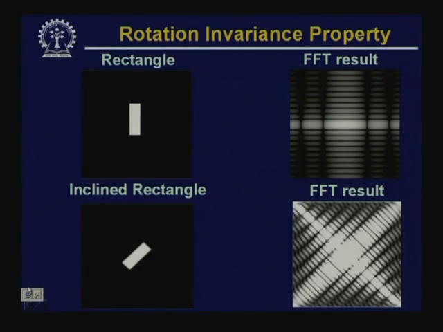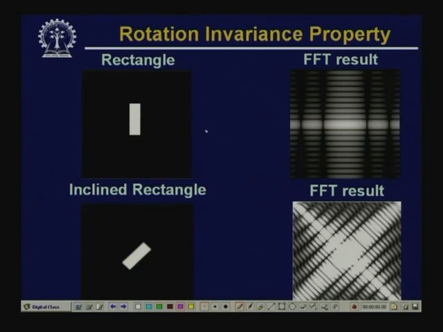And the corresponding Fourier transformation is this. Here the Fourier transformation coefficients, or the Fourier spectrum, is represented in the form of intensity values in an image. The second pair shows that the same rectangle is now rotated by an angle 45 degree.